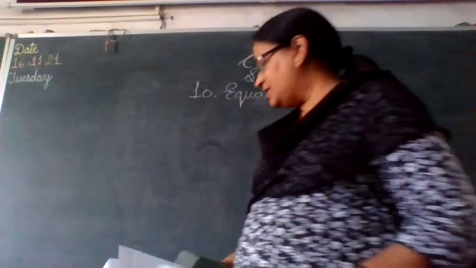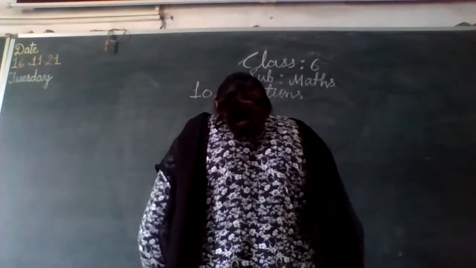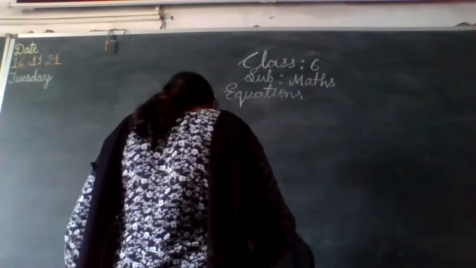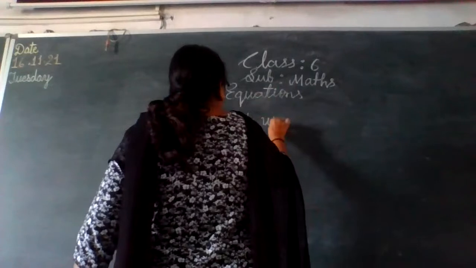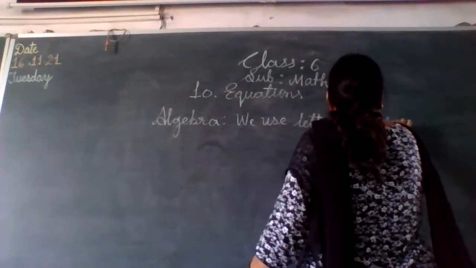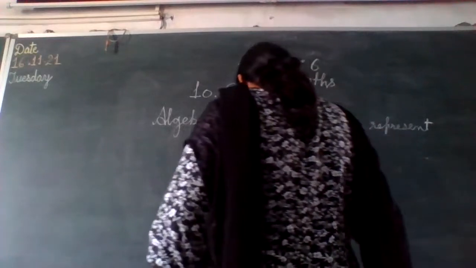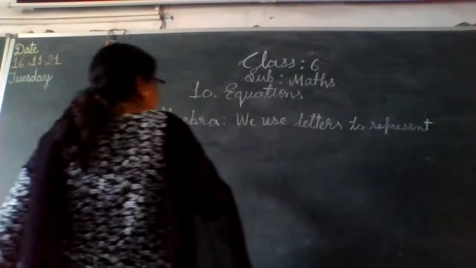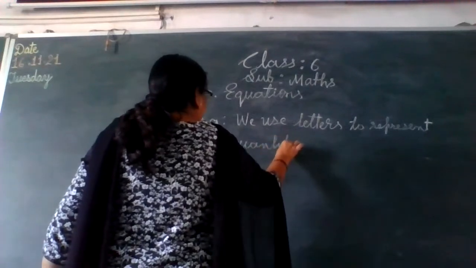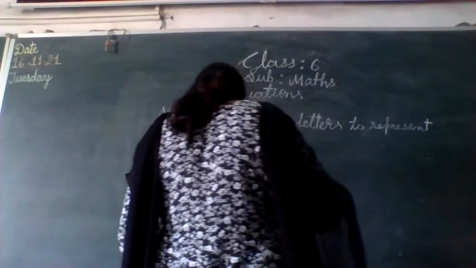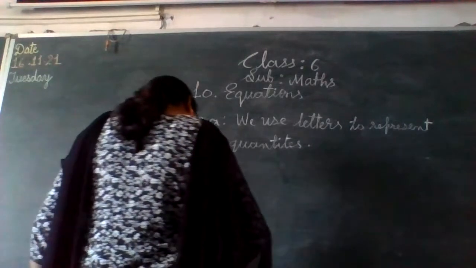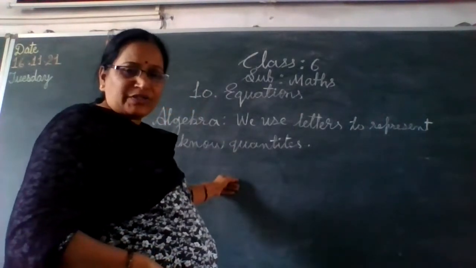So let us see first what algebra is. We use letters to represent unknown quantities, along with the four fundamental operations.